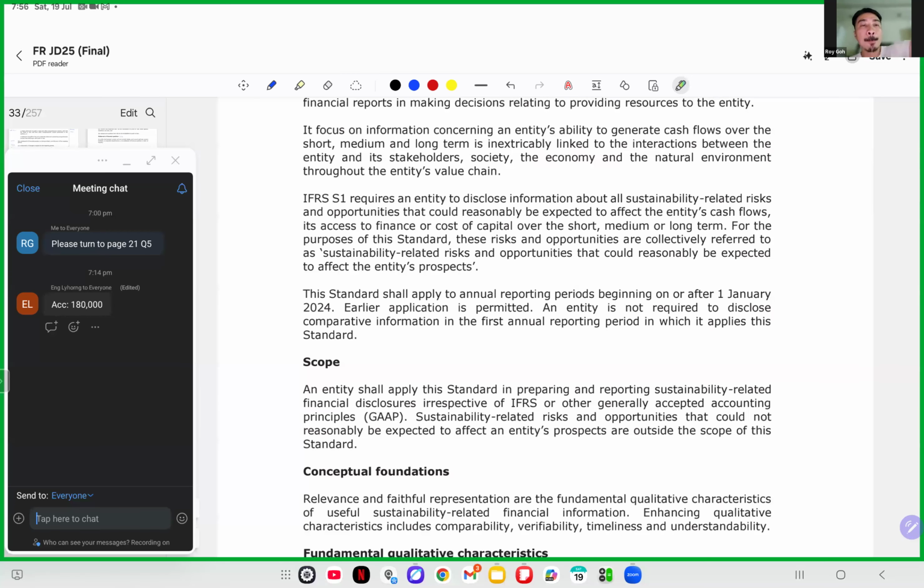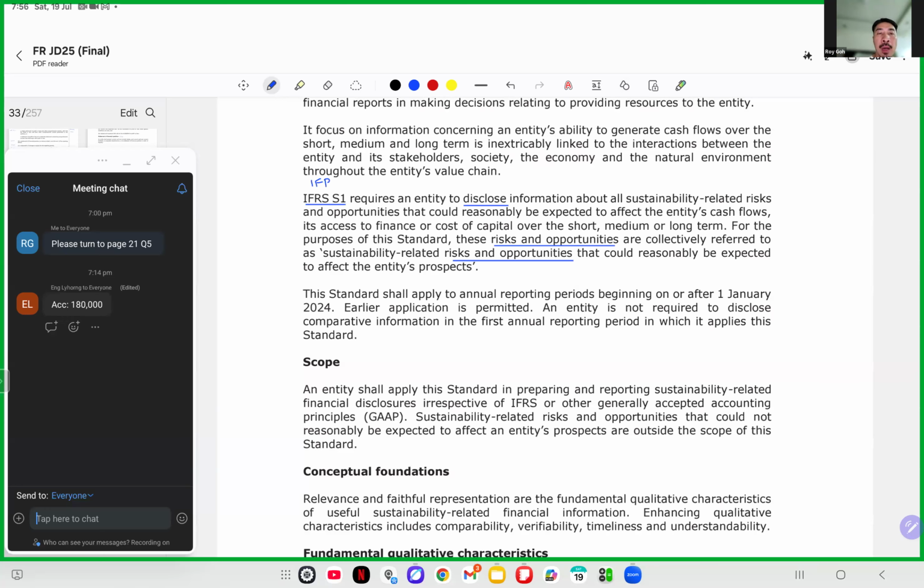What do you report? You shall apply IFRS S1 to disclose anything that is good news and bad news, your risk and opportunity. So what's that mean?